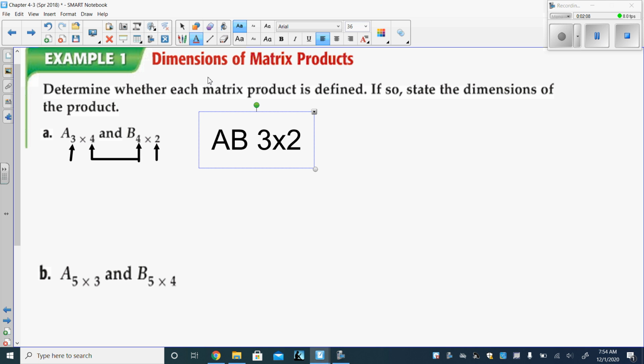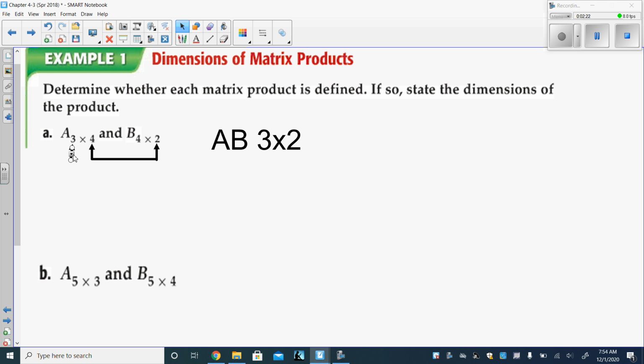Well, B times A would be a little bit different, because our columns of the first would not quite match the rows of the second. So I couldn't do B times A, but I can do A times B.